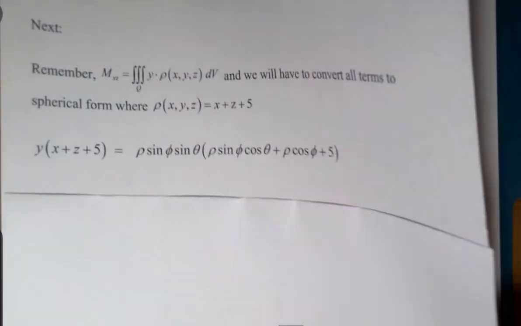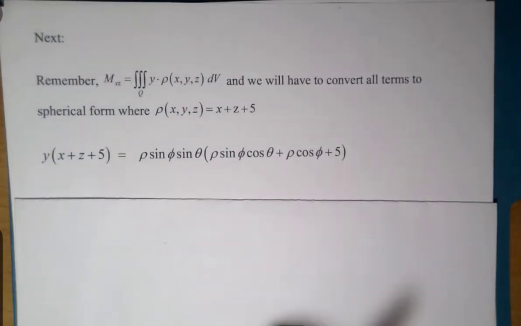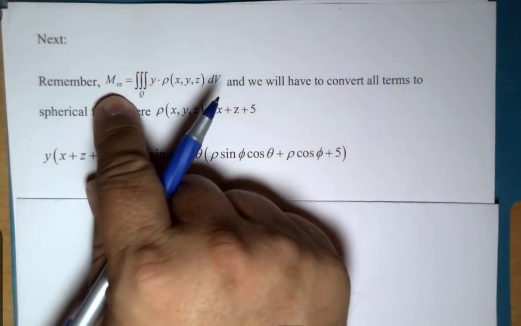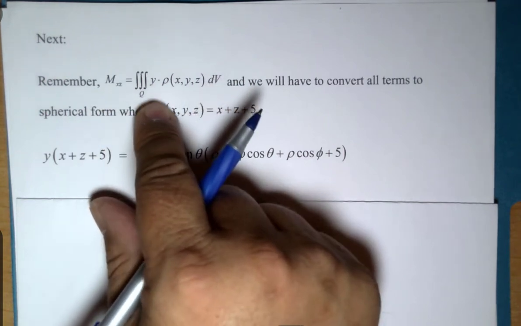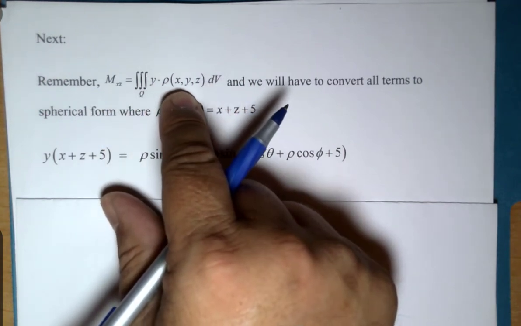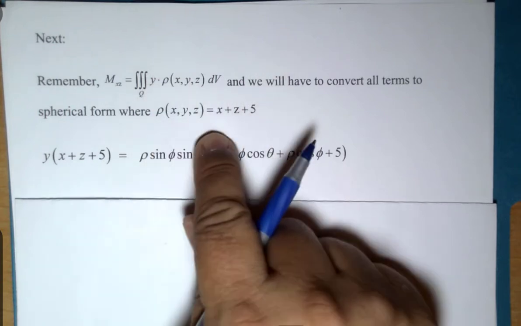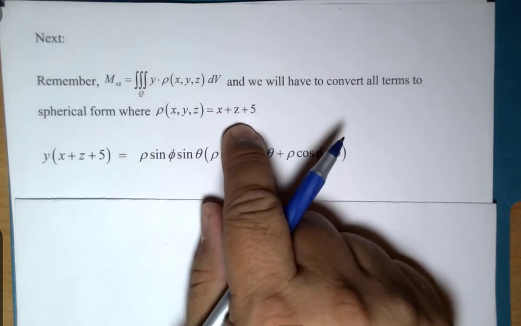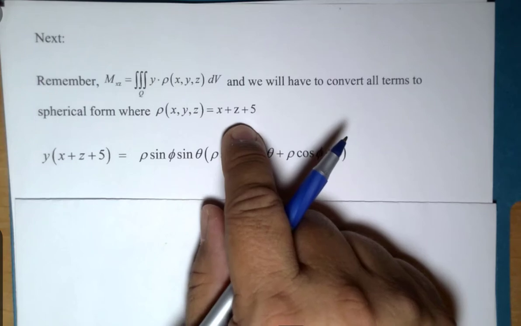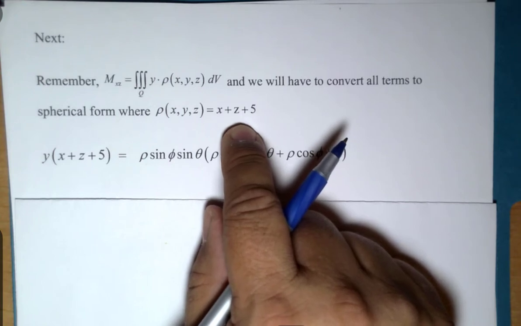One more piece of the puzzle. The moment about the xz plane is what we're trying to compute, and it is equal to y multiplied by the density function, where the density function is x plus z plus 5. No actual engineering was considered in writing this density function. In fact, it's a little bit make-believe.